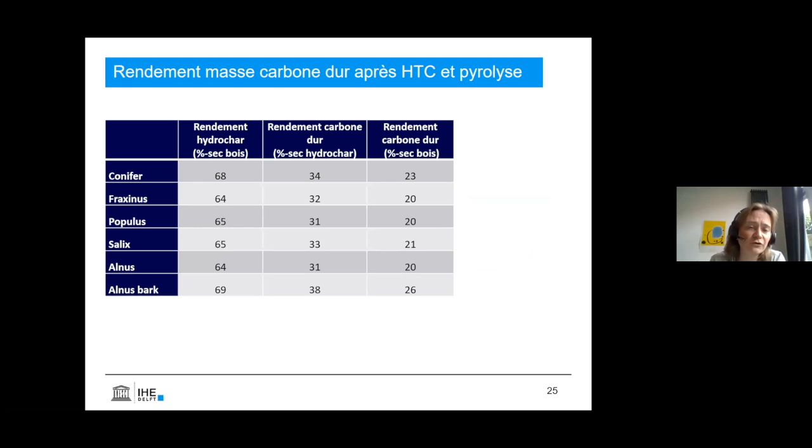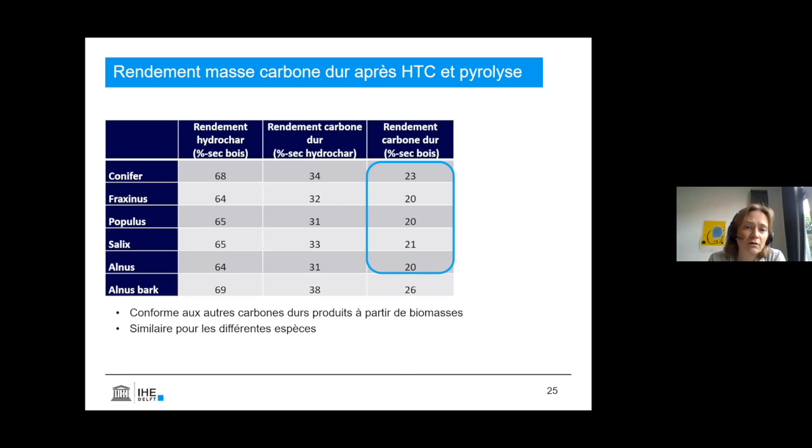And to give you an idea of the yields, here we have the hard carbon yield that we obtain if we look at the dry percentage of wood. So basically we obtain about 20 to 25% of hard carbon when we use dry wood initially, and this whichever the varieties.